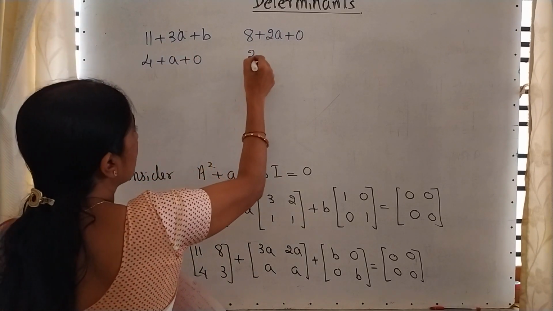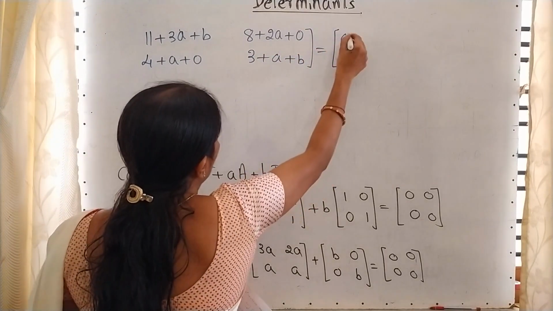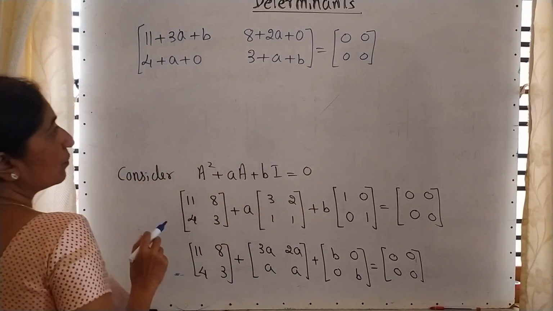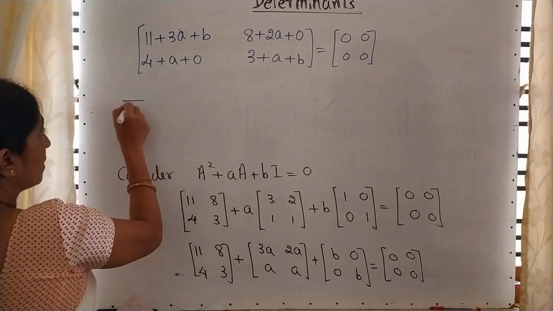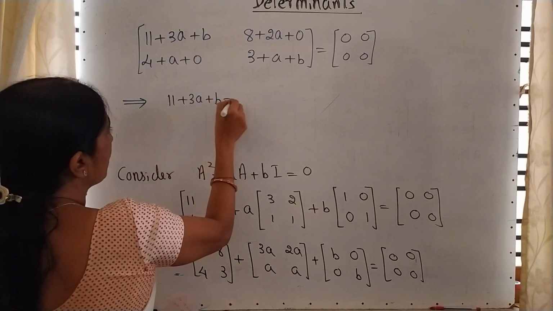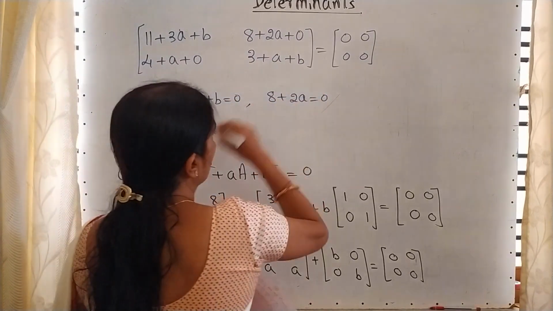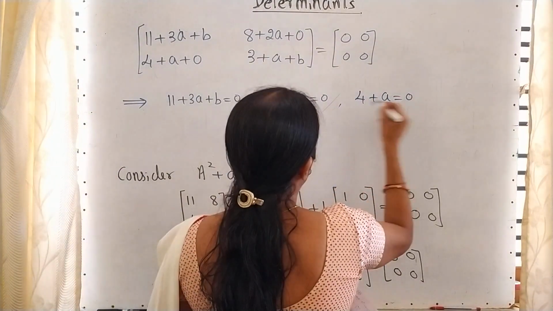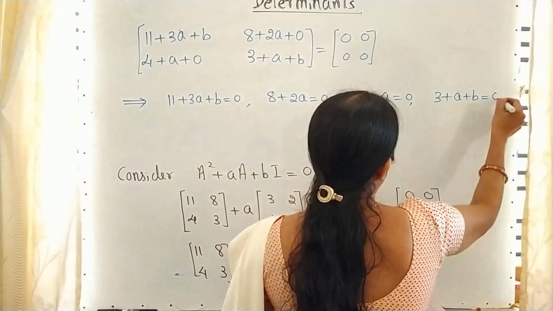Then 3 plus a plus b is equal to 0, 0, 0, 0. Now on both the sides we have a matrix of order 2 by 2. They are equal, so compare the elements. This is 11 plus 3a plus b is equal to 0. Next one, 8 plus 2a is equal to 0. Moving to the next one, 4 plus a is equal to 0. Next is 3 plus a plus b is equal to 0.